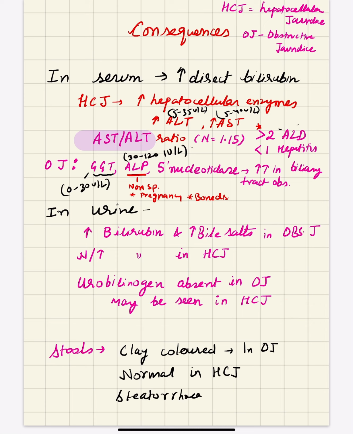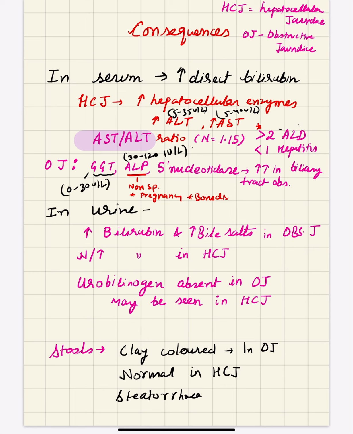So we get clay colored stools in obstructive jaundice, and in addition, urobilinogen will be absent in the urine, because there is biliary tract obstruction. In addition, when there is obstruction in the biliary tract, I told you that the bilirubin, bile salts and bile acids spill over into the blood.